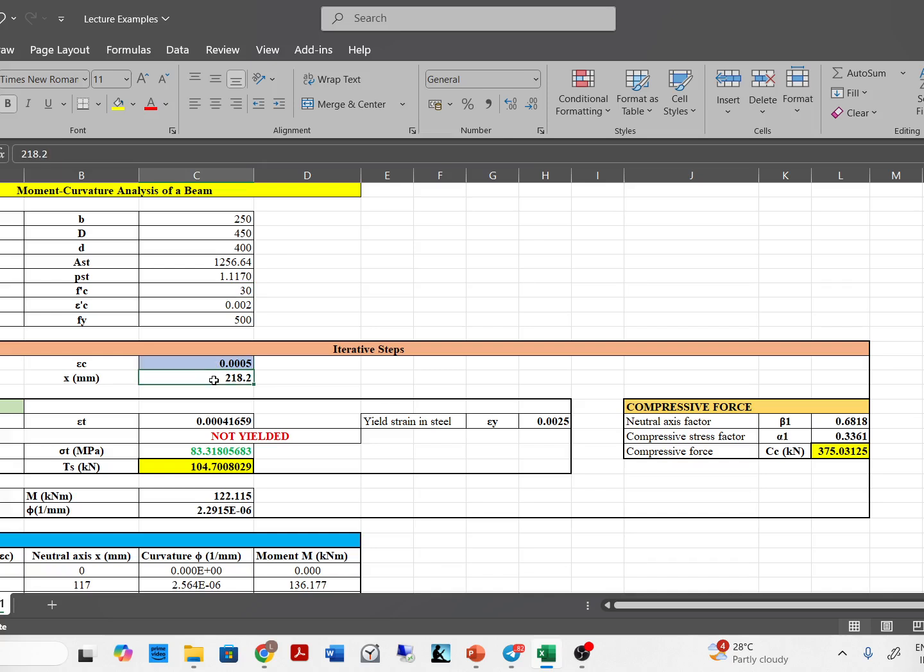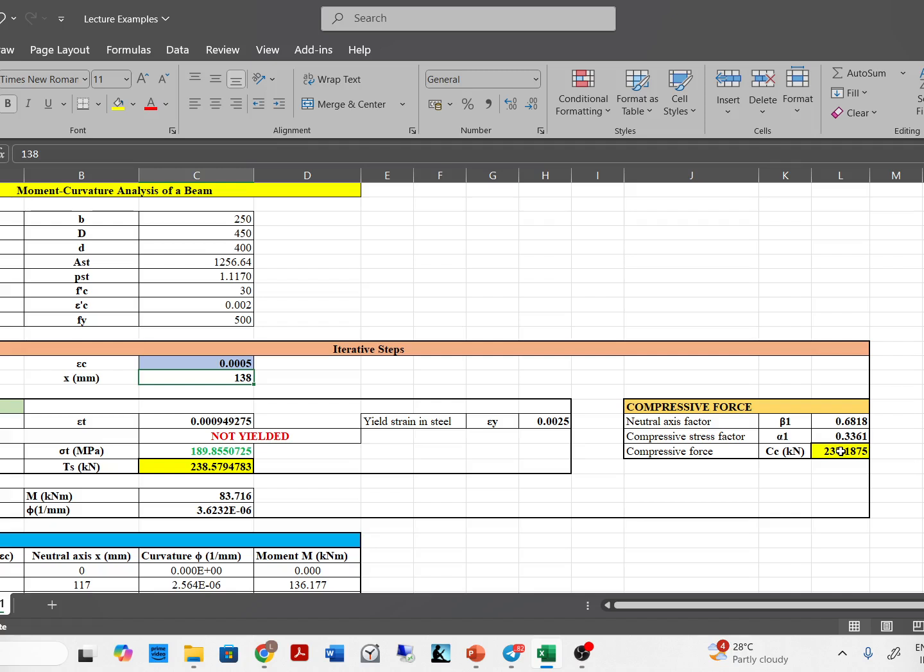And now let us try a value of x of 138 millimeter. Okay, so we see that corresponding to a depth of neutral axis of 138 mm, we're able to balance both the tensile force in the reinforcement and the compressive force in the concrete.